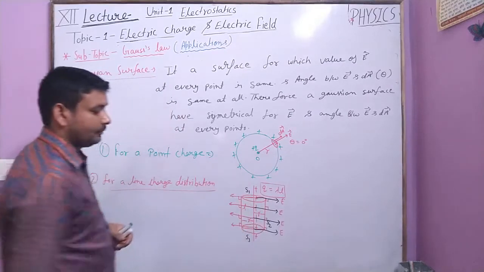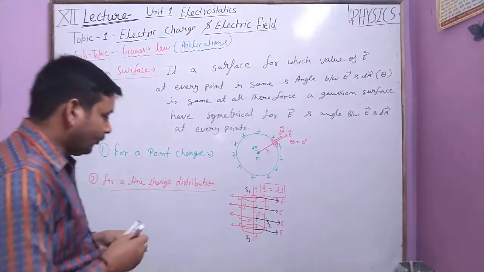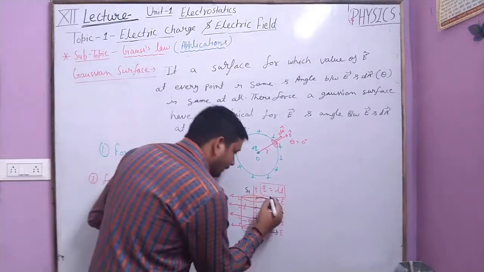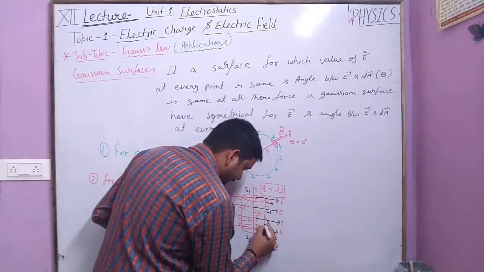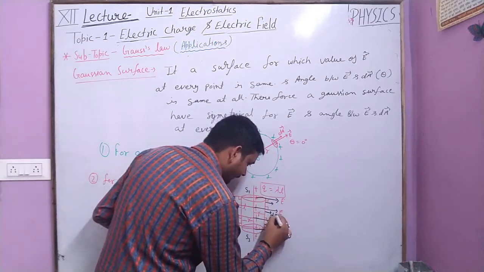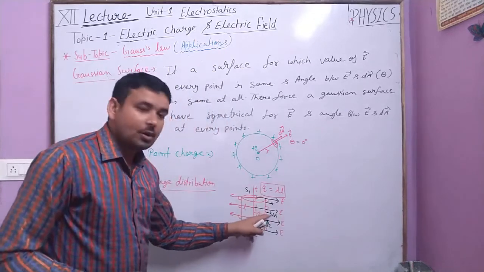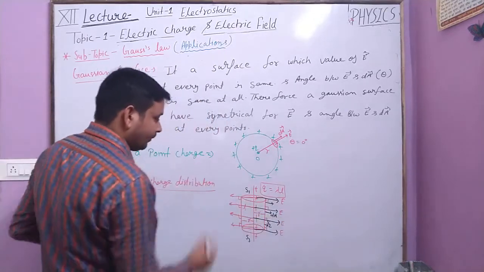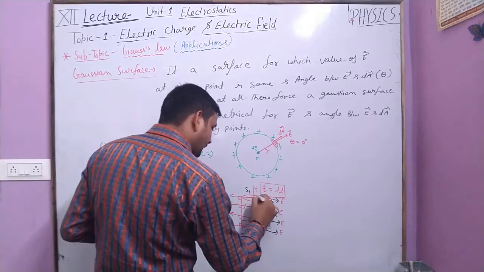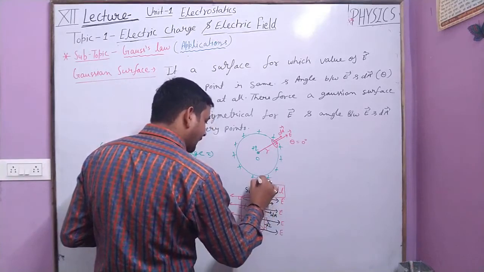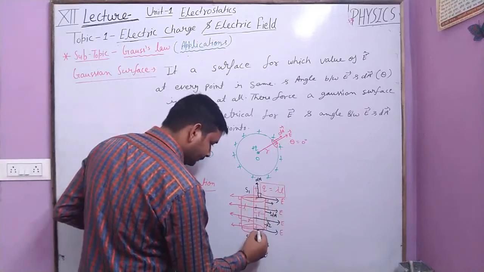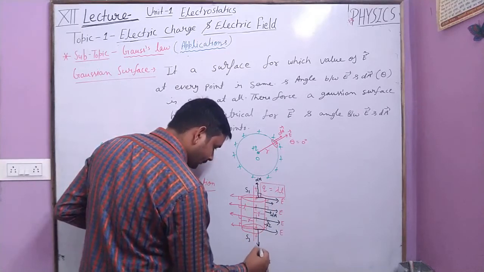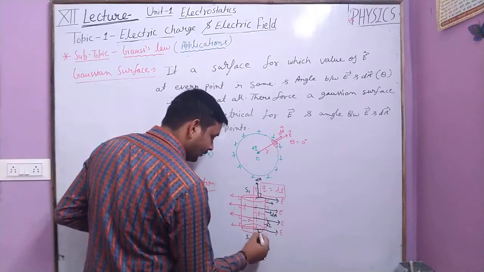It is normal. Therefore, the area vector at this surface is dA, which is also normal to the surface. And for this particular case, this is the direction of area vector.